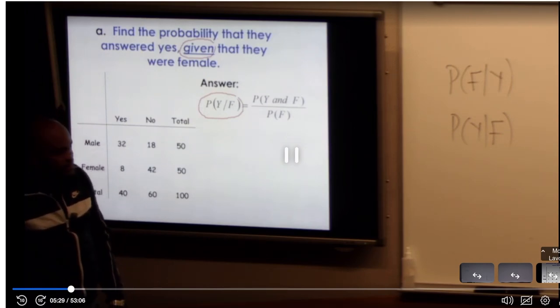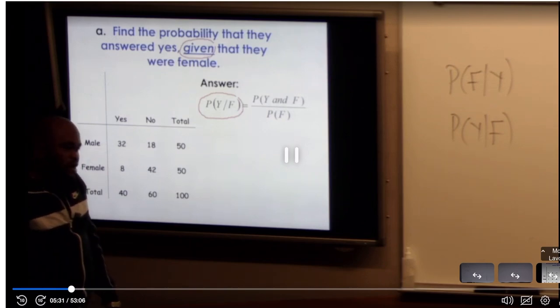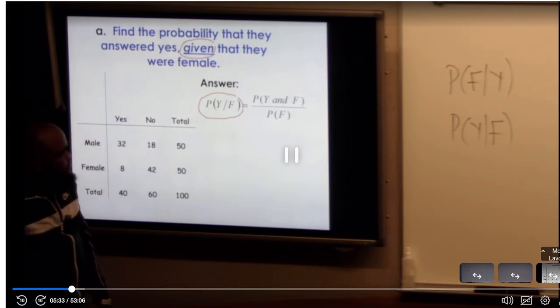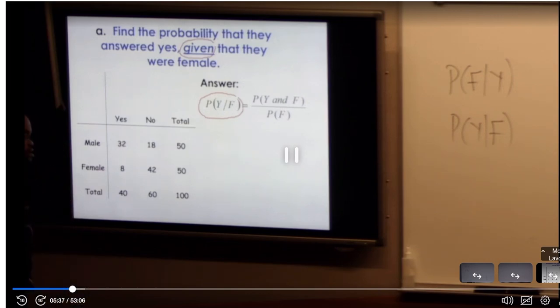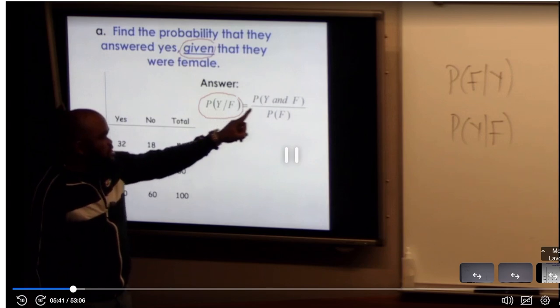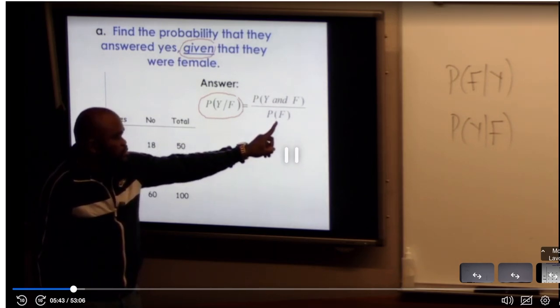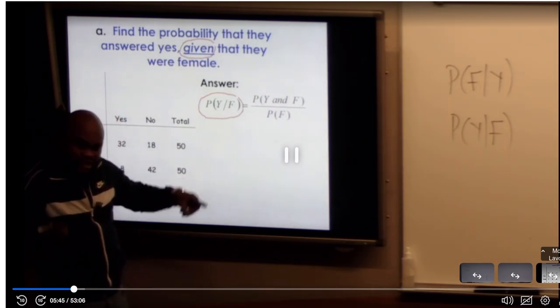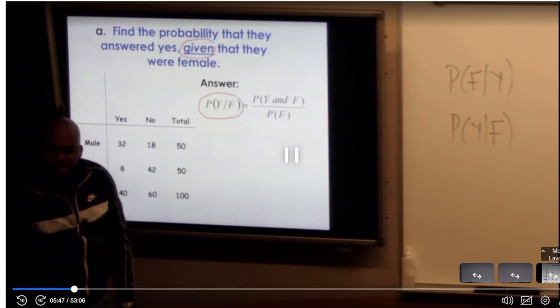Does that make sense? Now, if you go by what you learned, by the formula for conditional probability, this is going to be the ratio of the joint probability to the probability of the event that occurred first.